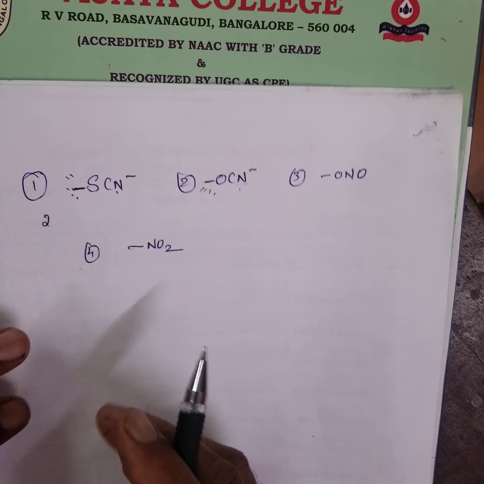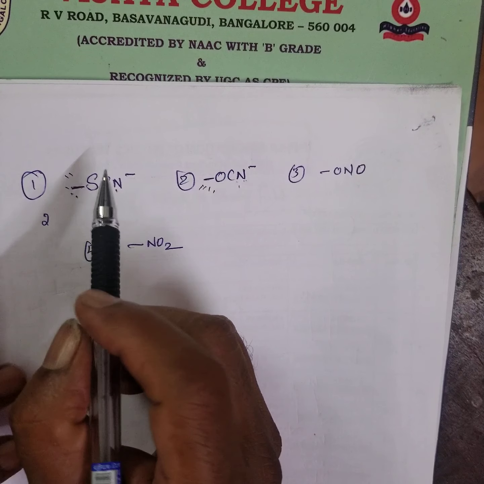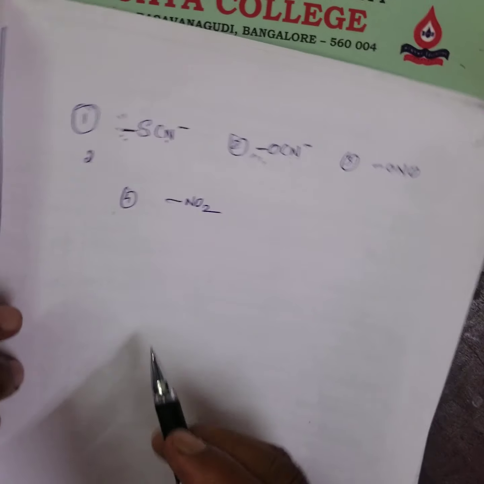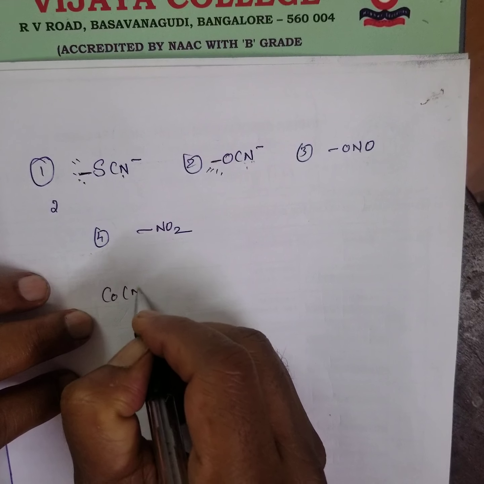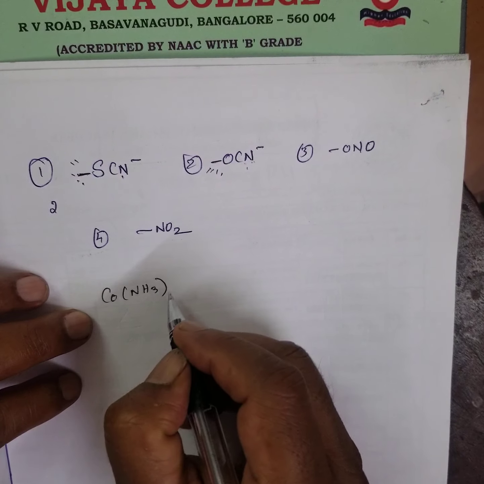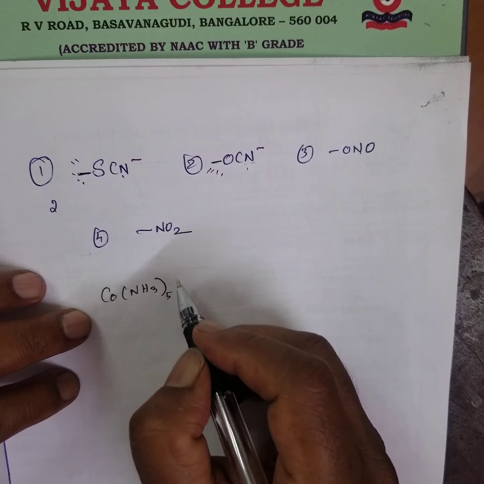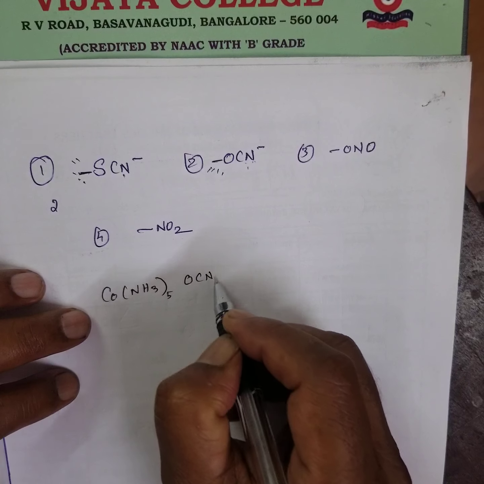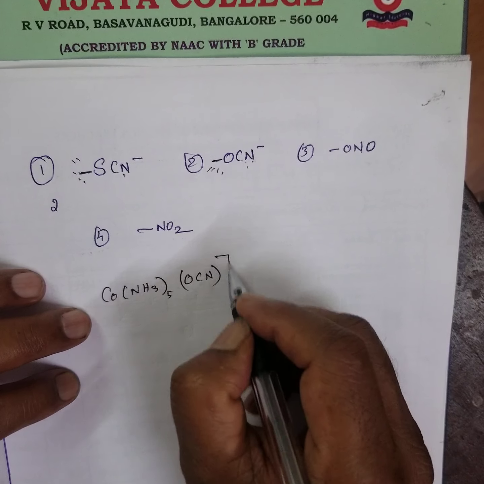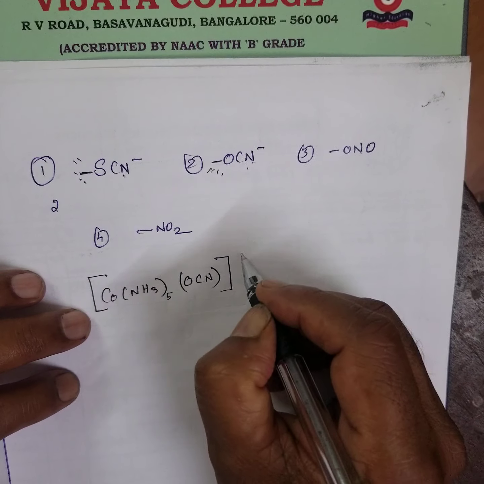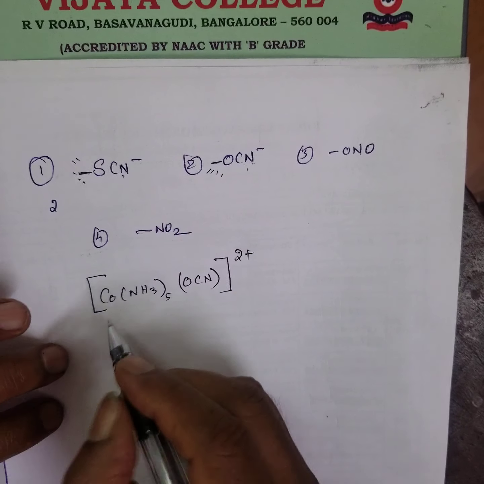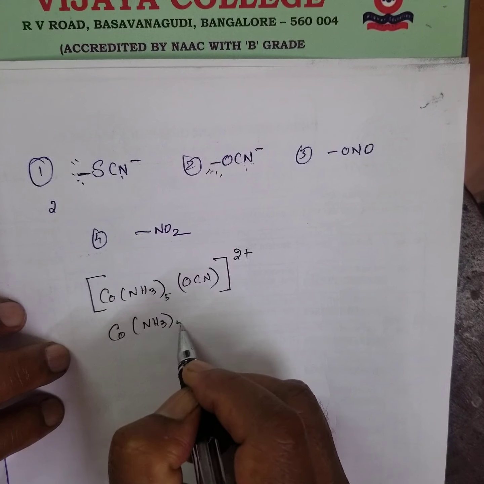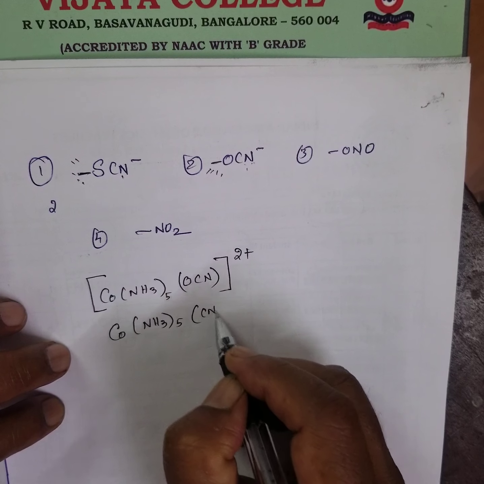Which is the donor? But we can identify it as a donor provided, see, suppose they give it like this. They give this compound Co(NH3)5 OCN, right, 2 plus, and the same thing, just slightly interchanged, CNO.